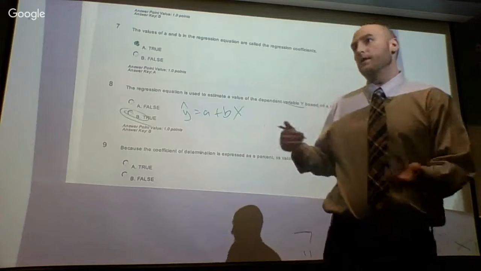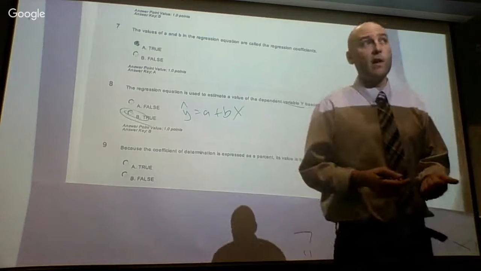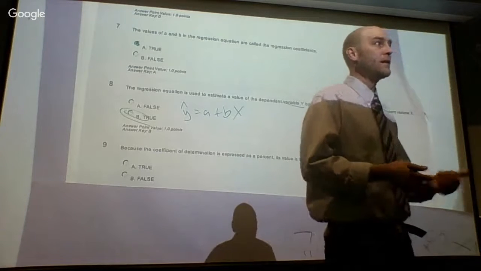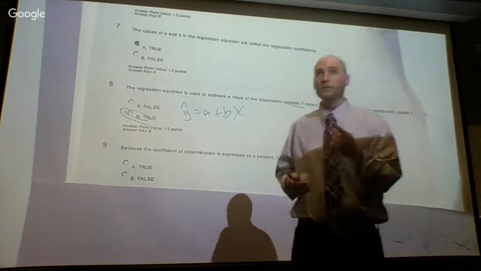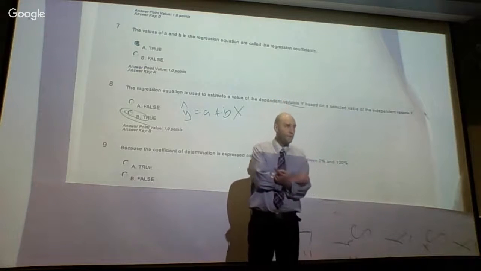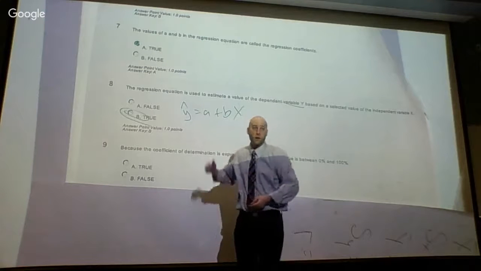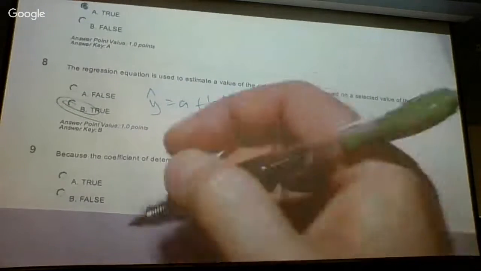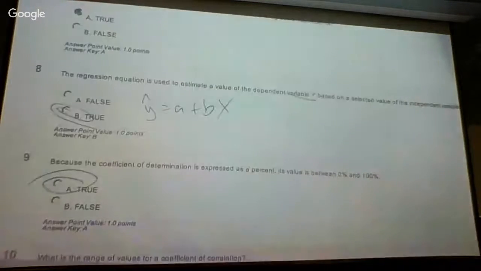At most, it's 1, because 1 squared or -1 squared equals 1. 1 is otherwise known as 100%. So R squared ranges from 0% to 100%. True.